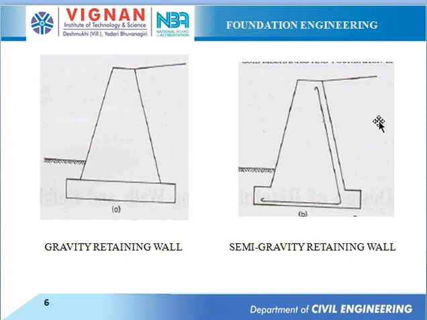The second type of retaining wall here is the semi gravity retaining wall. The size of the section of a gravity retaining wall may be reduced if a small amount of reinforcement, the line shown inside it, is provided near the back face. Such retaining walls are called semi gravity retaining walls.